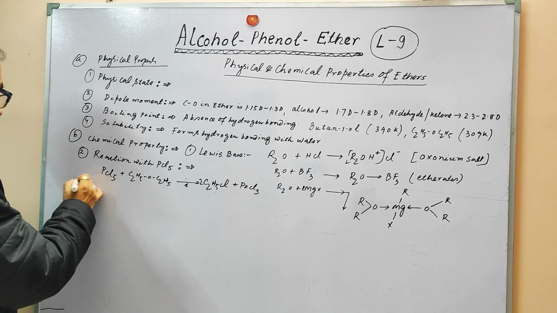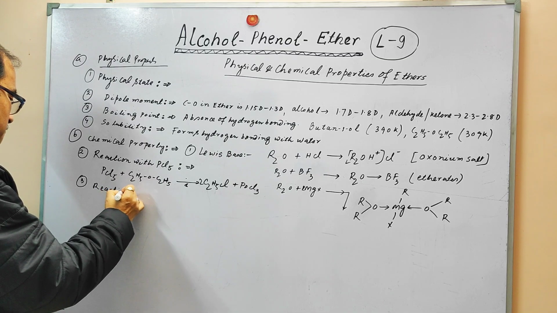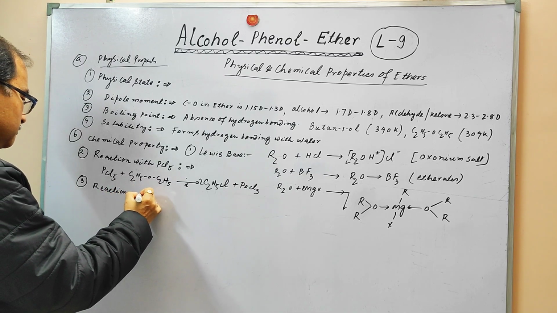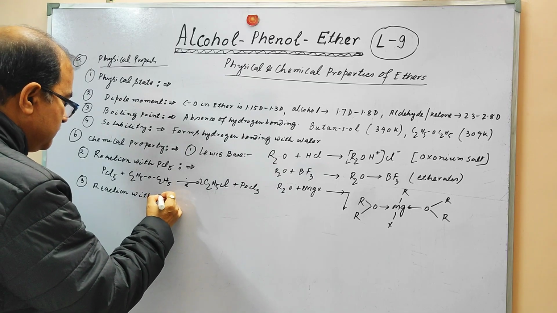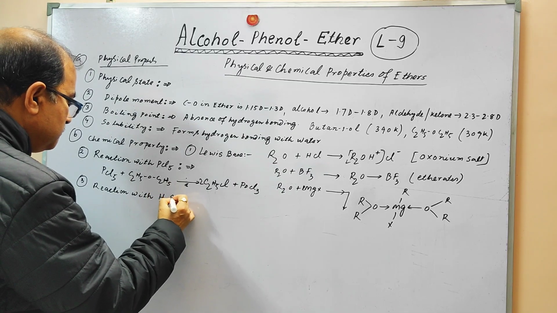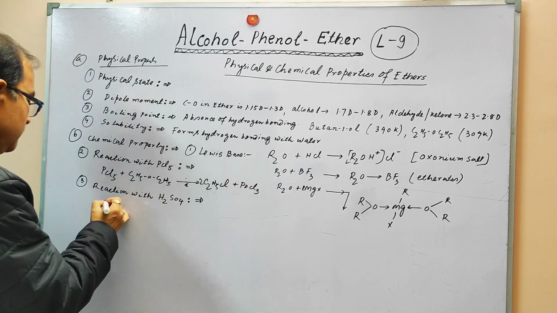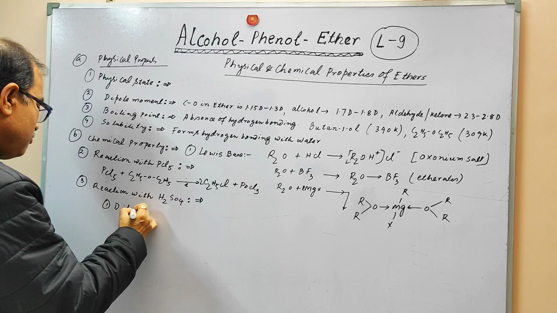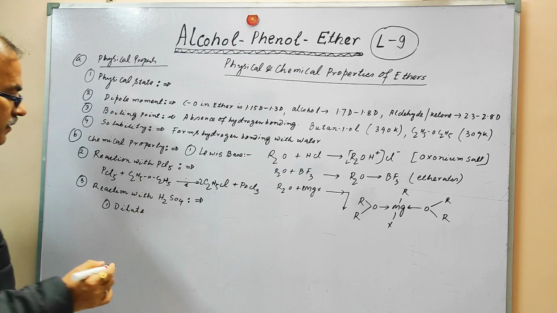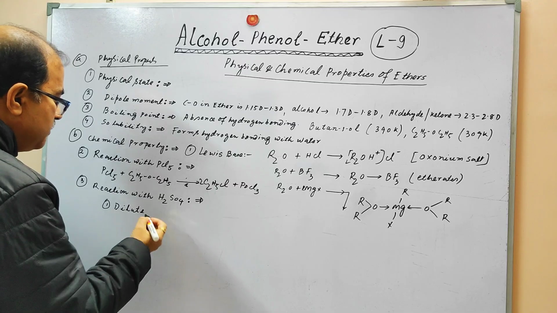Third point, the reaction with sulfuric acid, H2SO4. In dilute acid, it will form a different product, and in presence of concentrated H2SO4, it will form a different product.